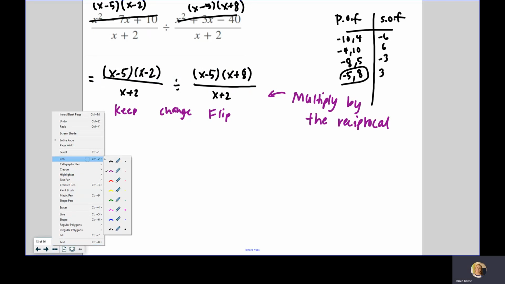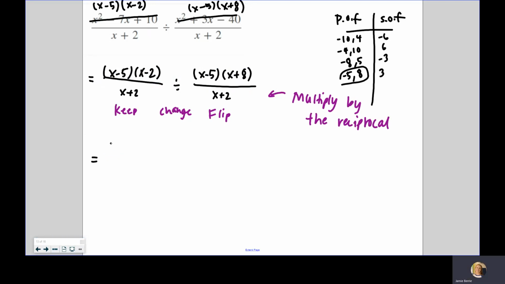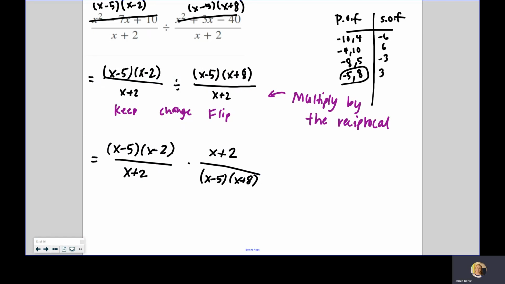All right, so let's do that. Keep the first one the same, x minus 5, x minus 2 over x plus 2. Change this operation to multiplication, flip the second fraction, so that becomes x plus 2 on the top, and then x minus 5 times x plus 8 in the bottom.